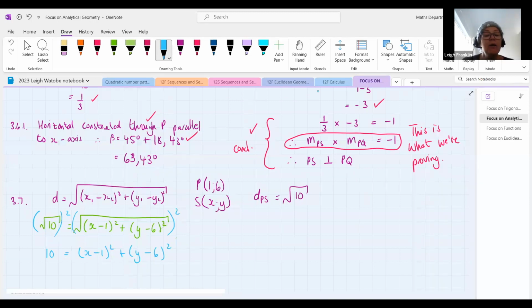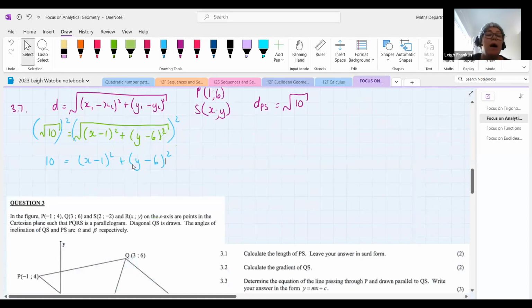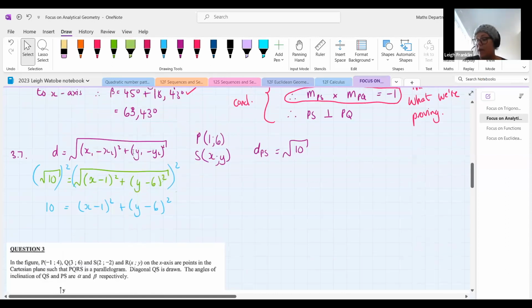Okay, now I could continue further here, but I'm working in terms of X and Y, and that's not what I want. So I need another equation that I'm going to sub in here. This equation, distance, is my quadratic.